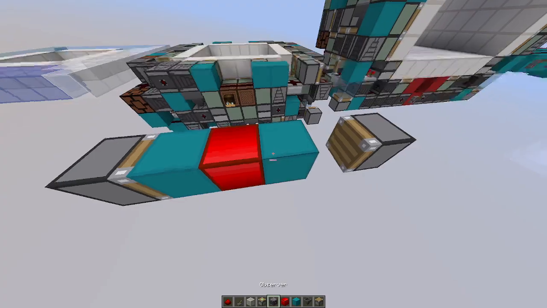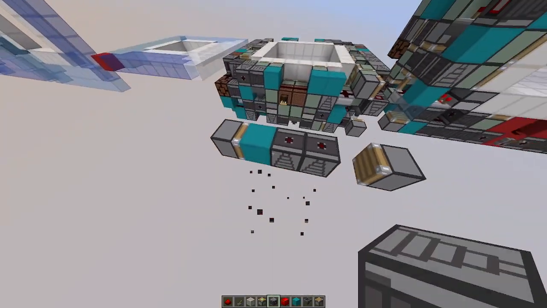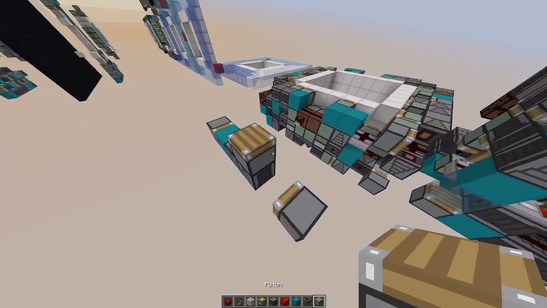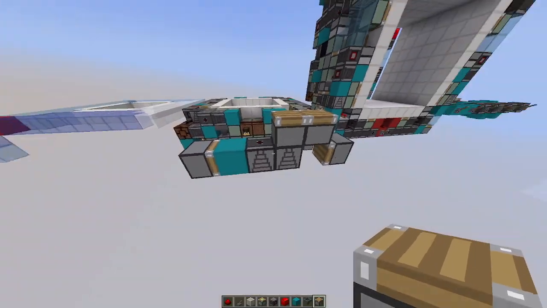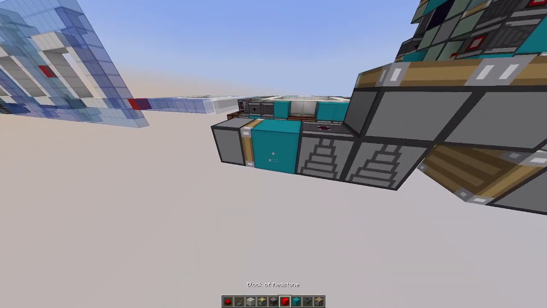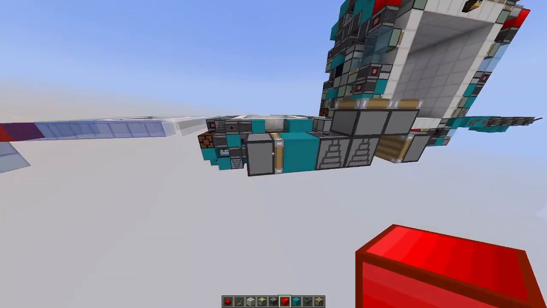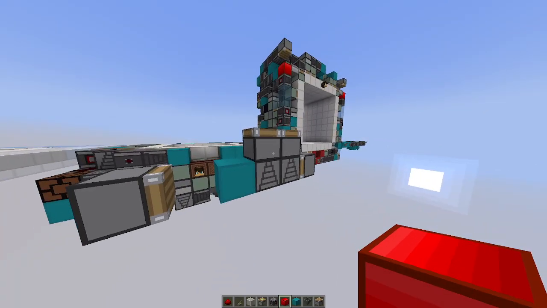And the third thing is that multiple outputs are required to power near simultaneously. So for example, I have these two pistons. If I want to power them simultaneously, and of course the outputs are also linear, then I just do this. Then they can power at the same time.